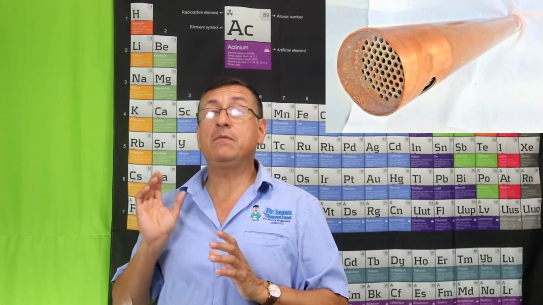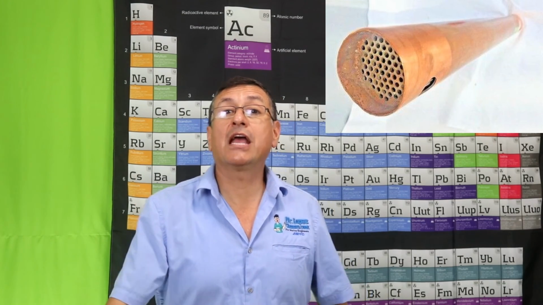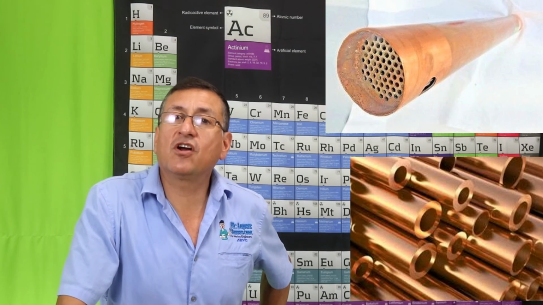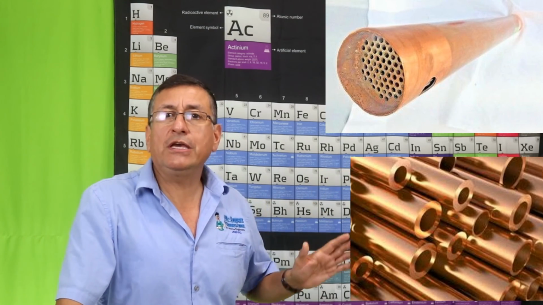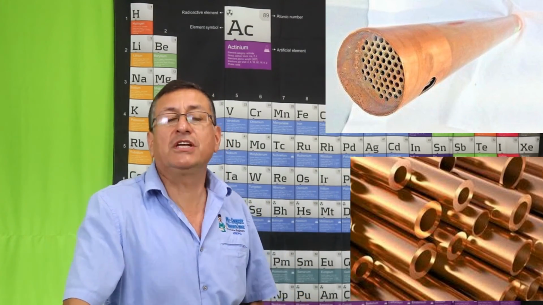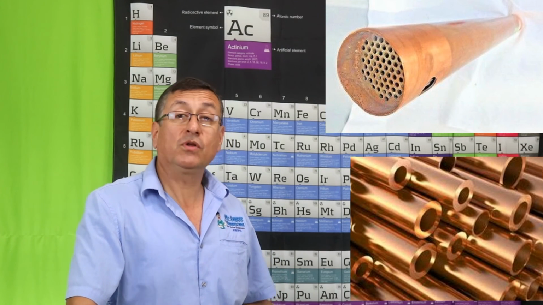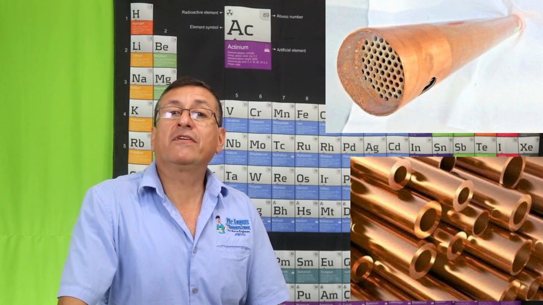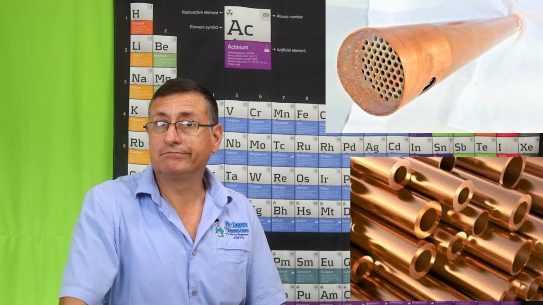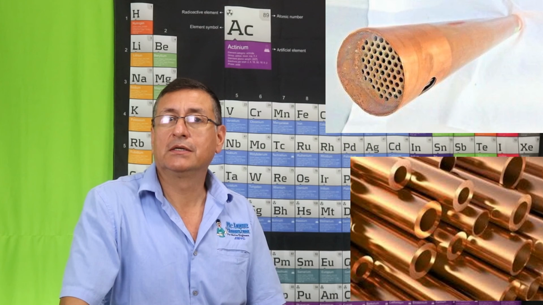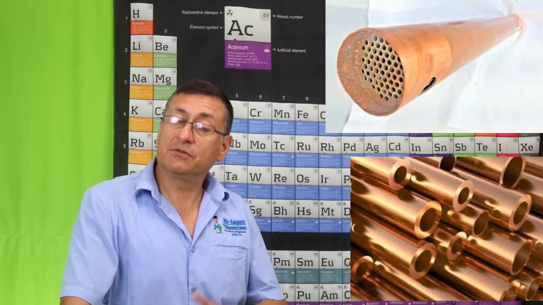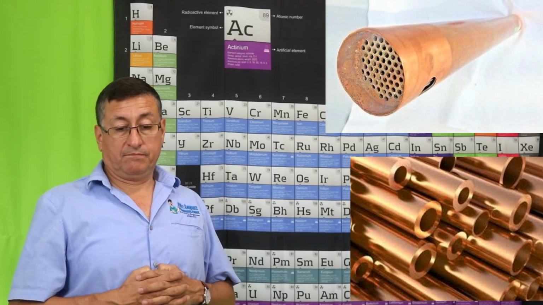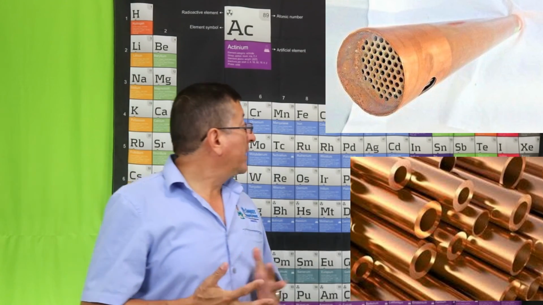We have a famous copper alloy, the copper nickel alloy, the 90-10 alloy: 90% copper, 10% nickel. That alloy is zero corrosive. A wonderful alloy. With that alloy, we fabricate heat exchangers in contact with salt water. That alloy is expensive, but it's perfect for marine environments.